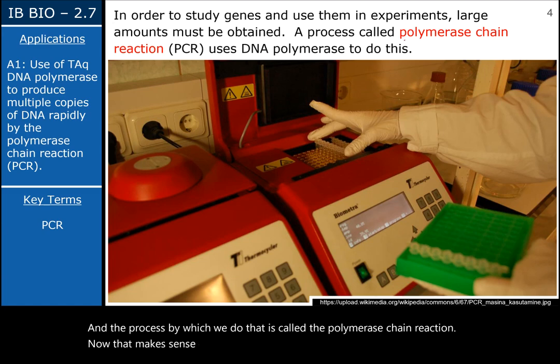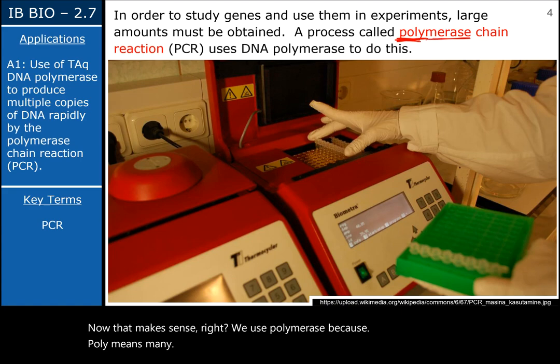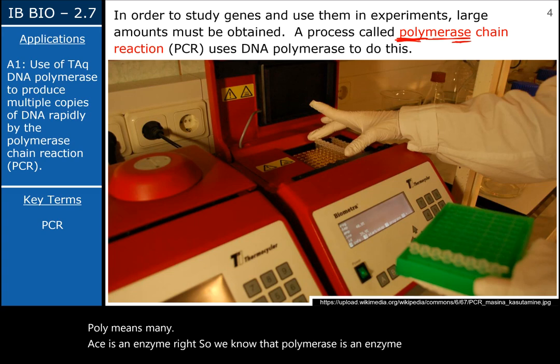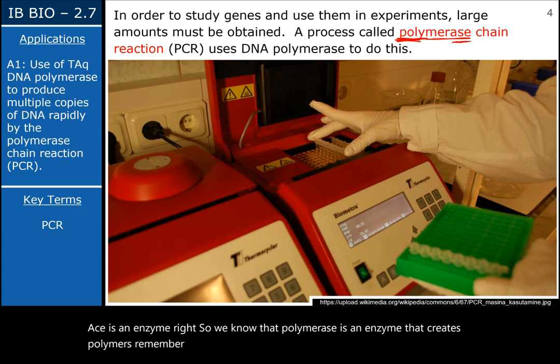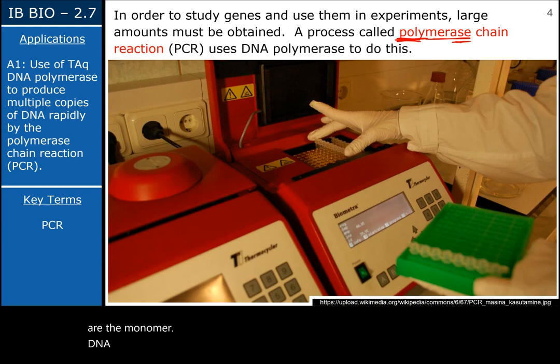We use polymerase because poly means many. Ase is an enzyme, right? So we know that polymerase is an enzyme that creates polymers. Remember, DNA is a nucleic acid. It's the polymer, right? Nucleotides are the monomer. DNA polymerase creates DNA.